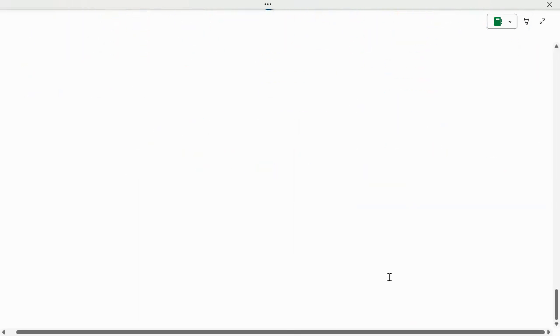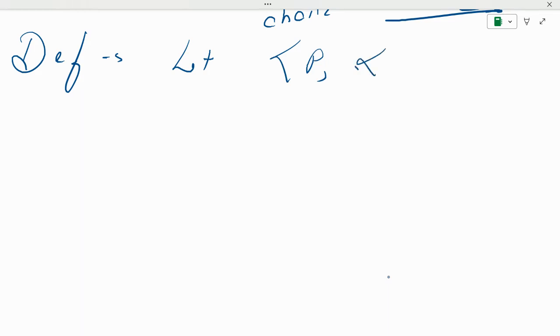Now let's see the rest of the definitions we need to cover. Let P be a set with a POR defined, so let this be a poset.